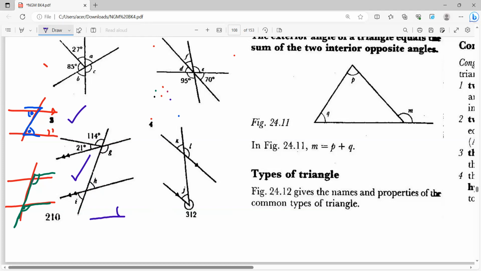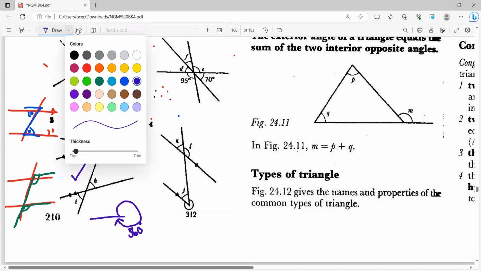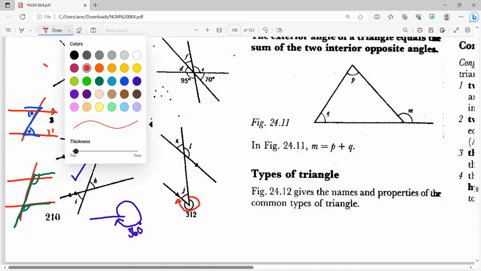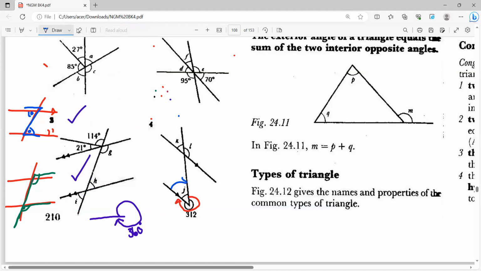If we have a complete revolution, then that's 360 degrees, right? So here, if we add that 312 degrees to this guy, the blue angle, we can form a complete circle. So a complete circle or a complete revolution is 360 degrees.